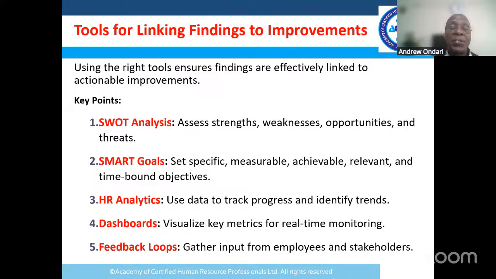Then in terms of threats, these are external factors, which are usually acronymed as PESTEL: political, economic, social, technological, ecological, and legal. And we can use an example of an external threat.